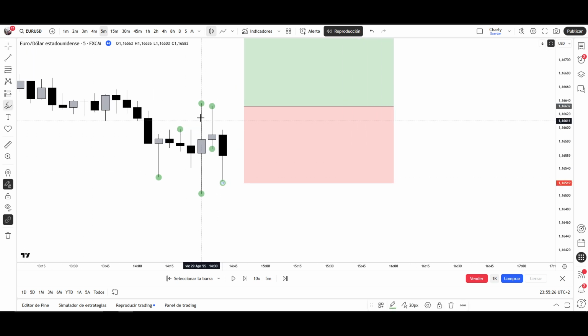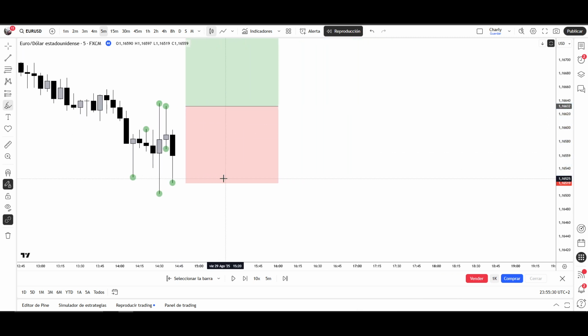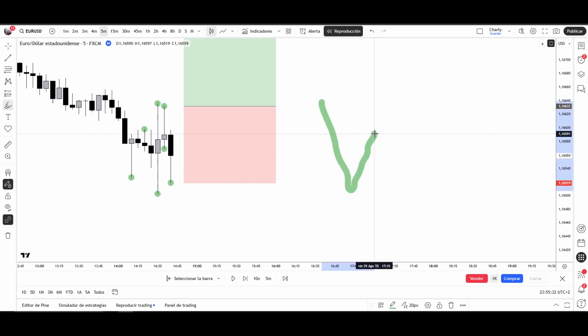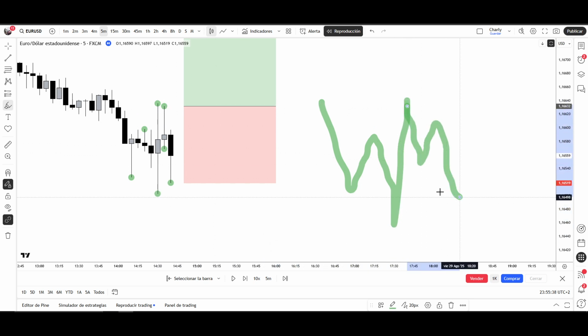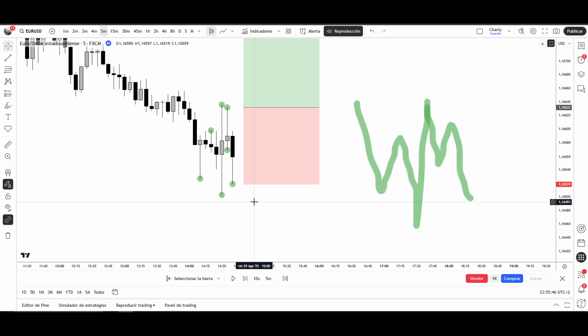What the market is doing right here is this. It's the exact same thing as we have here: the bullish BOS, low, high, and now price is doing this. High, low, lower high, lower low. High, low, lower high, lower low. Fantastic. So what do we have now?